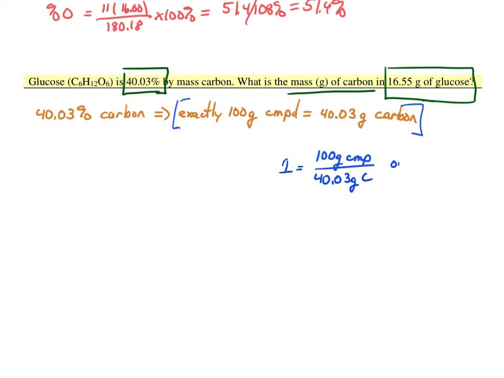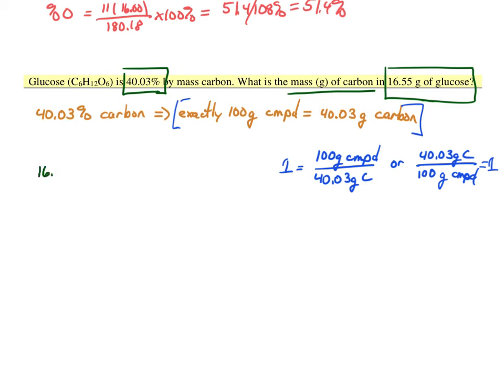And we can also write that 40.03 grams of carbon in glucose means that we have exactly 100 grams of the compound. So we choose a conversion factor based on which conversion factor cancels the appropriate units.